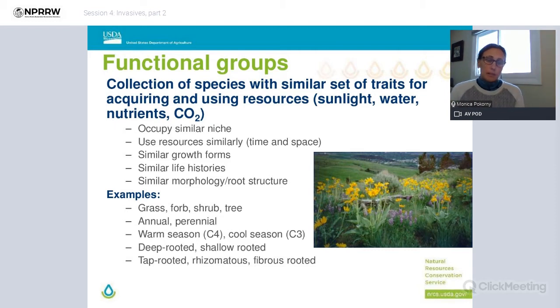So this is usually referred to as having different functional groups within a plant community. And what a functional group really just means is that it's a collection of species that has similar traits for acquiring and using resources within a plant community. So different ways that they use sunlight, water, nutrients, or carbon dioxide.